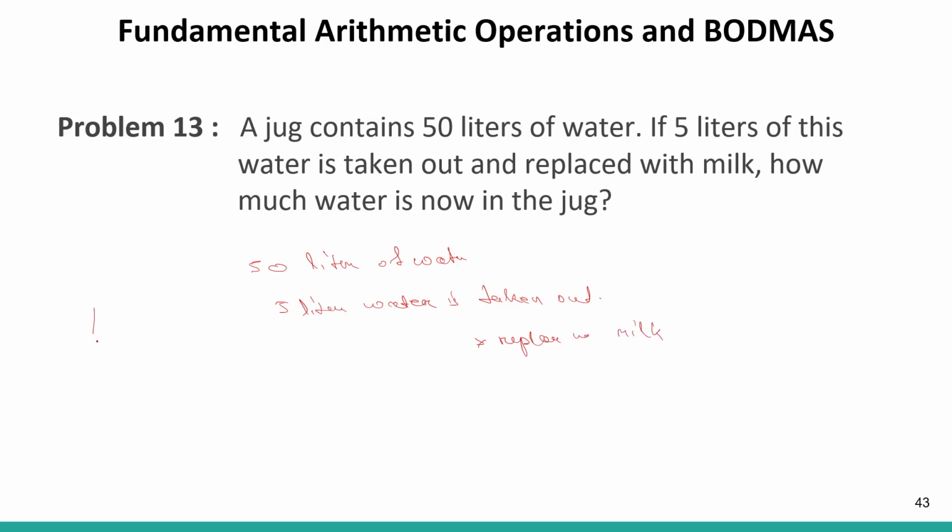So the jug had 50 liters of water. If 5 liters of water is taken out, the remaining is 45. 5 is out, and replaced with milk, so plus 5 milk. How much water is now in the jug? Water is till now 45 liters.